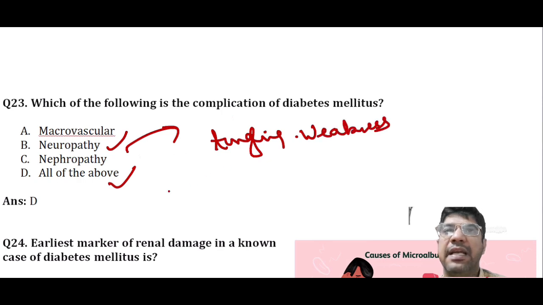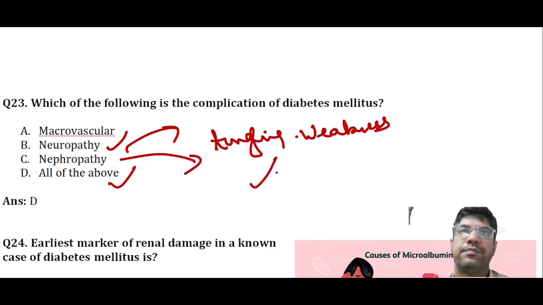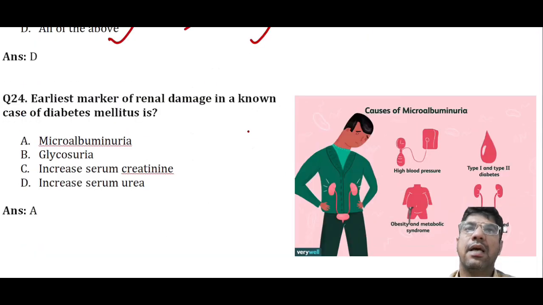Nephropathy means kidney damage. High blood sugar level can harm the small blood vessels in the kidney that could lead to kidney diseases. The early marker for renal damage in a known case of diabetes mellitus is microalbuminuria.